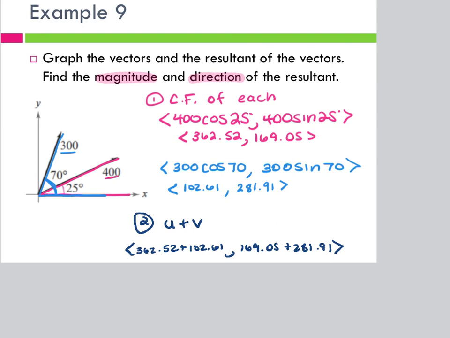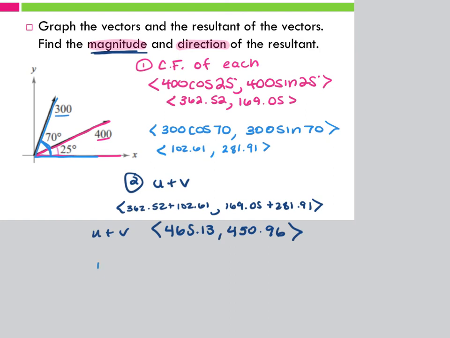So we're adding the two vectors together. So that's the component form of u plus v. We're getting warmer. Now we need to find the magnitude of that.